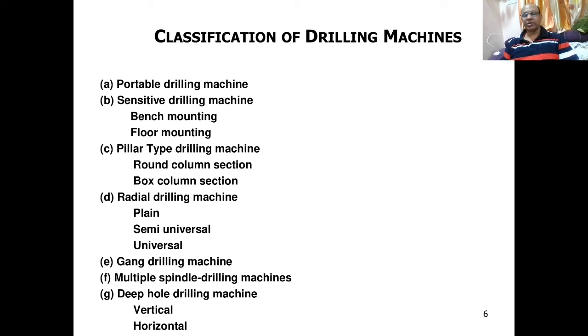In the multiple spindle drilling machine, there are also different spindles, but those are run by a single motor. So the difference from the gang drilling machine is that in the gang machine every spindle has its own motor, whereas in a multiple spindle drilling machine, all the spindles are run by only one motor.